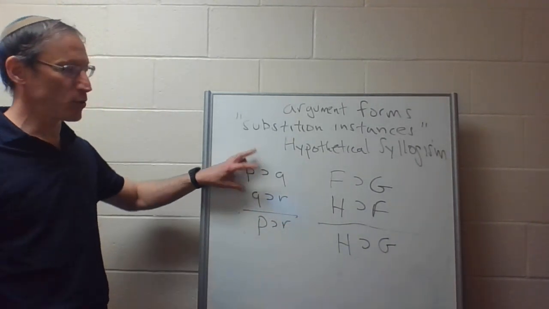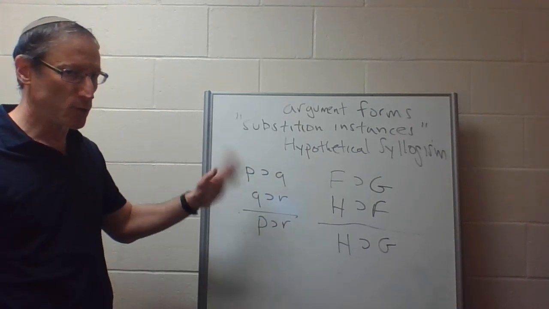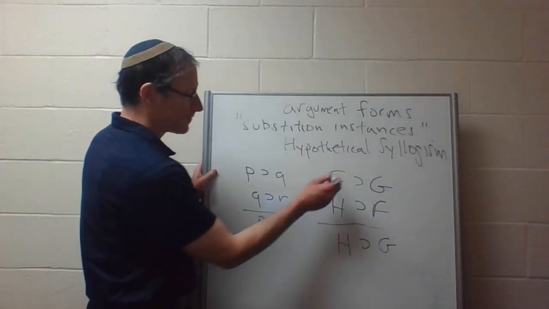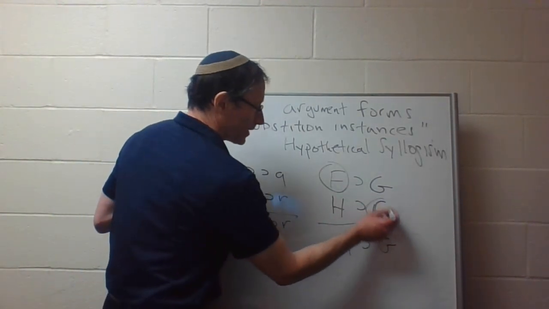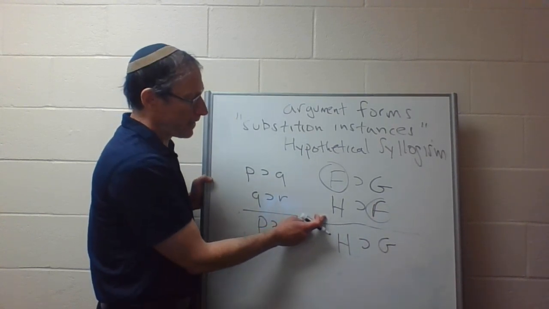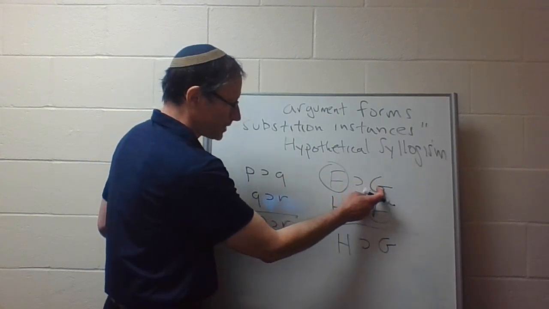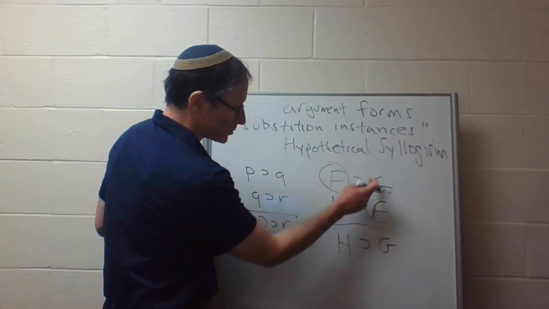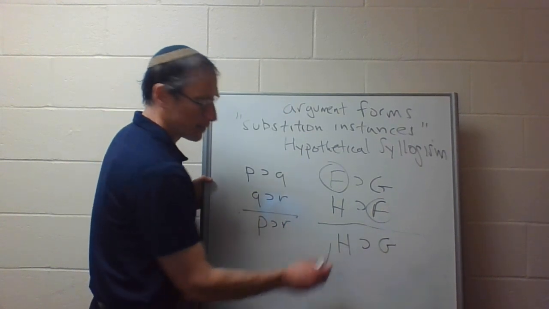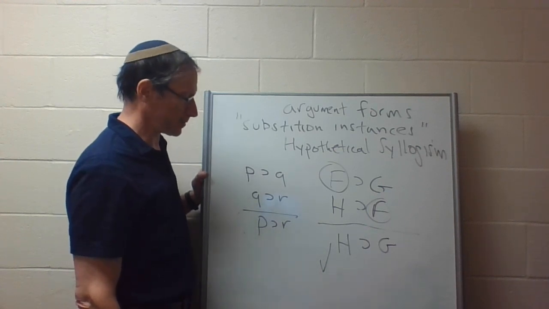Well, I told you the order of the premises doesn't matter, okay? So given that, the important thing is that you have a middle term, right? You have a conditional H horseshoe F, and then you have another conditional where F horseshoe G, and the conclusion is H horseshoe G. So essentially, this is a good example of hypothetical syllogism.